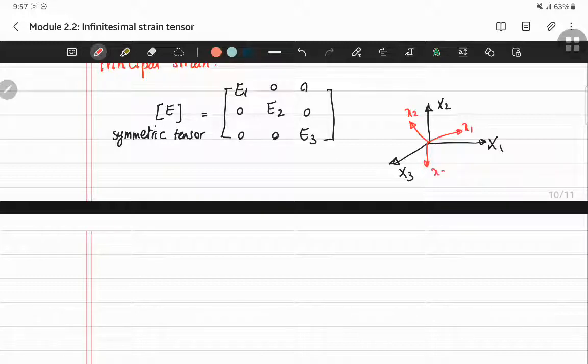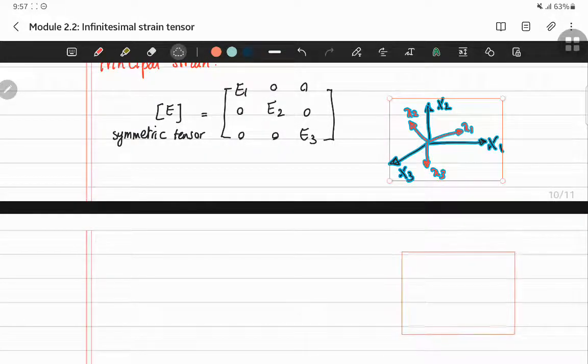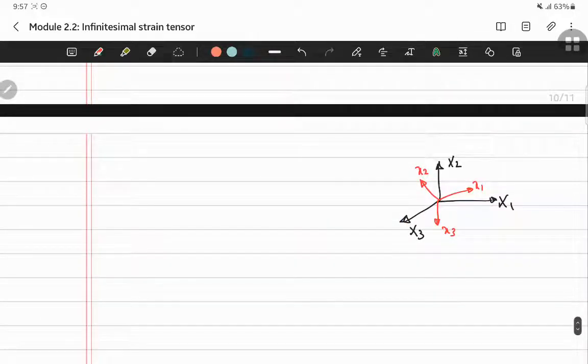You have three direct normals or eigenvectors that are mutually perpendicular. You can easily calculate this, and from here we develop another concept, which is the dilatation.